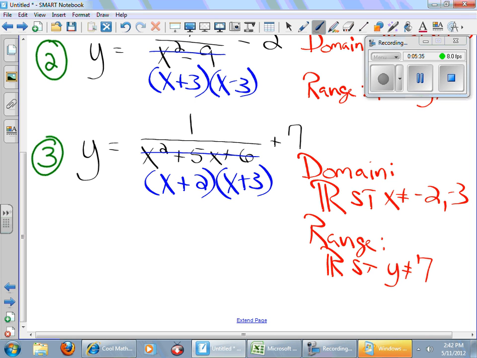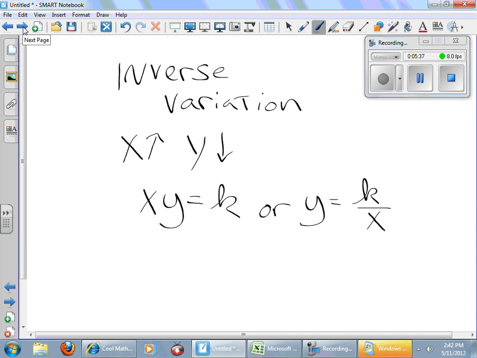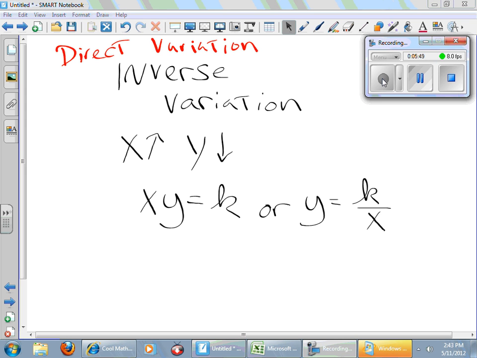All right, we're going to change gears here. We're going to talk about inverse variation. You may have remembered direct variation from a long time ago. Direct variation said that if x increased, y also increased.